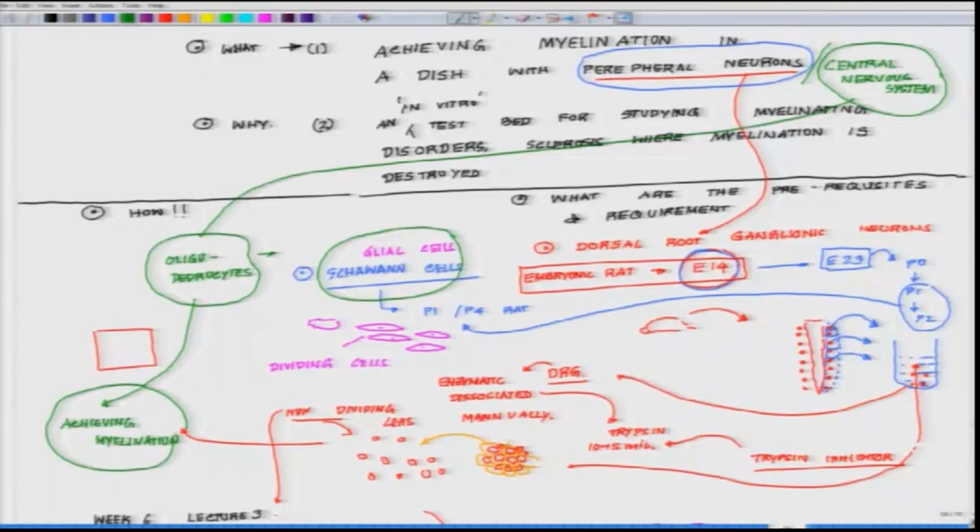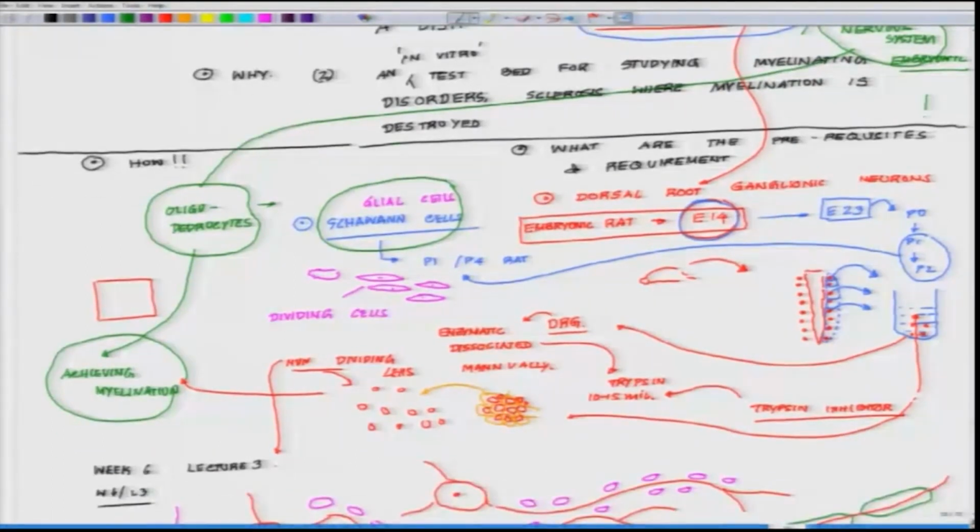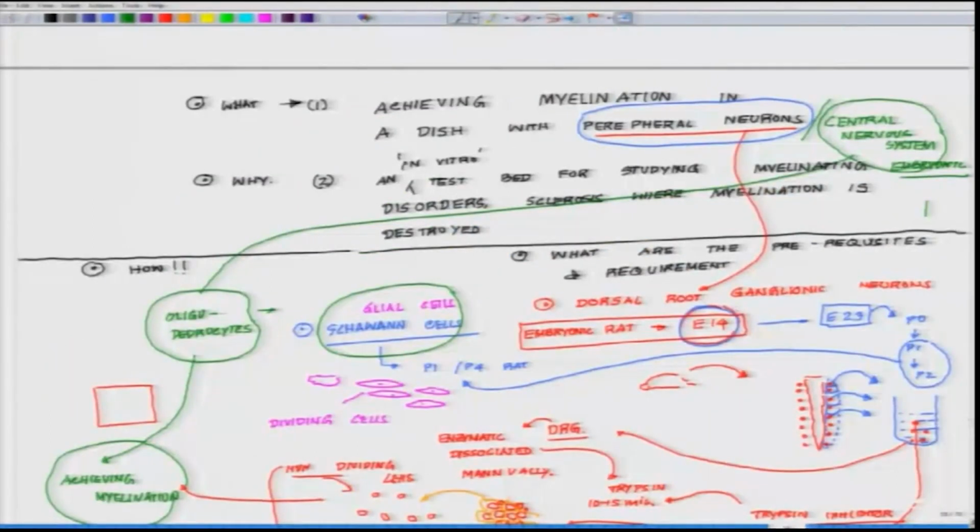Of course, for neuronal source in the central nervous system, you are using embryonic tissue, depending on what kind of cells you want to achieve. If you are using oligos, then of course your best bet will be hippocampal neurons, which I have already talked to you about.